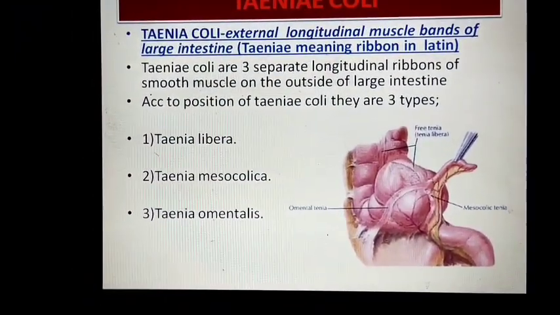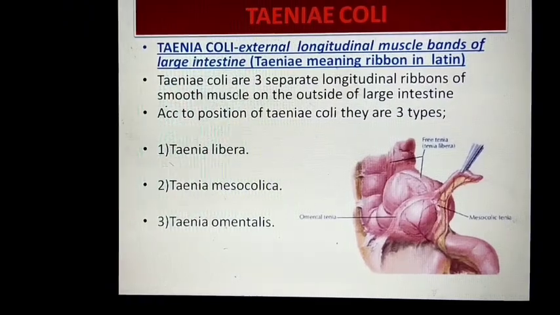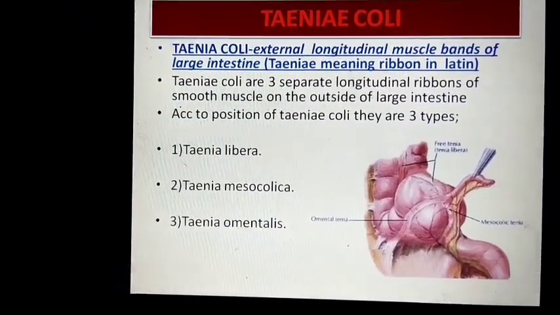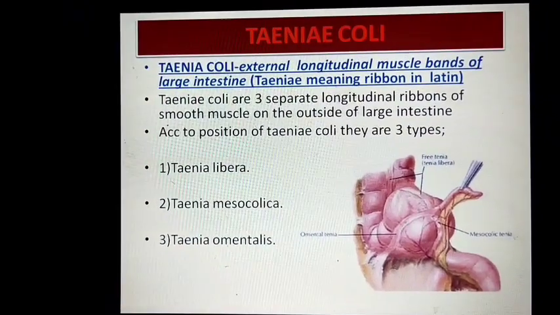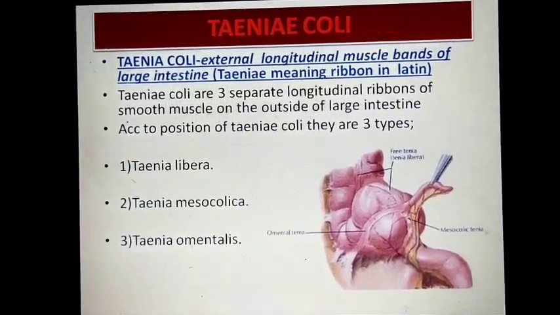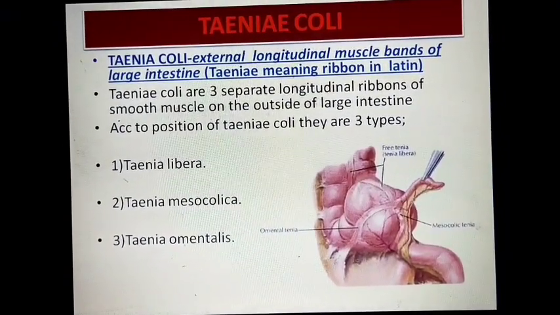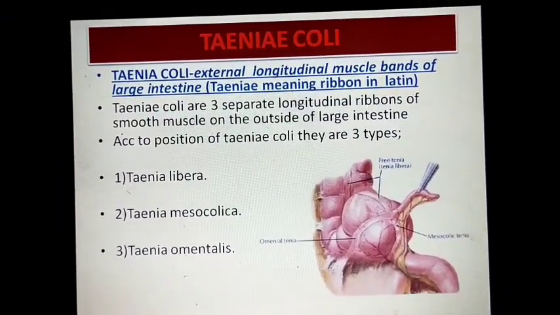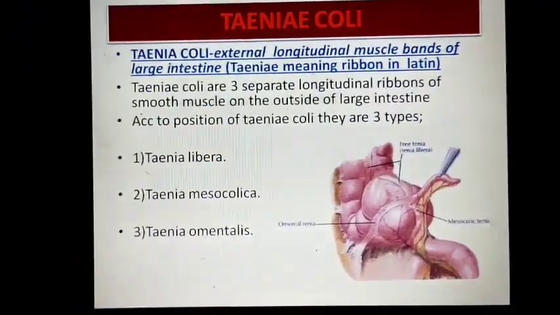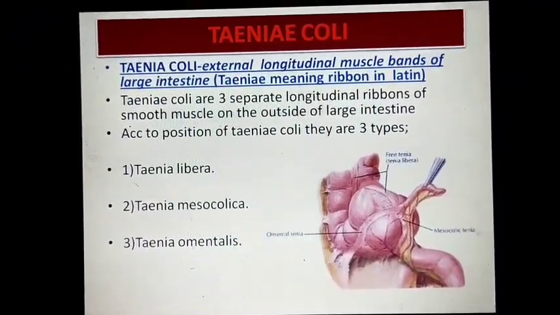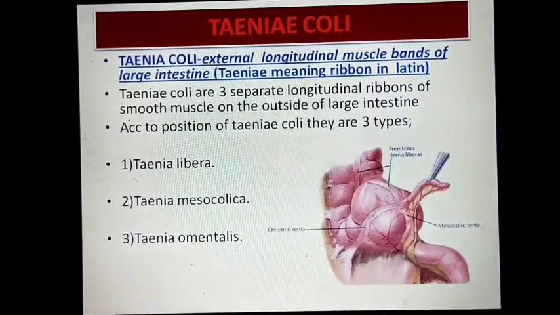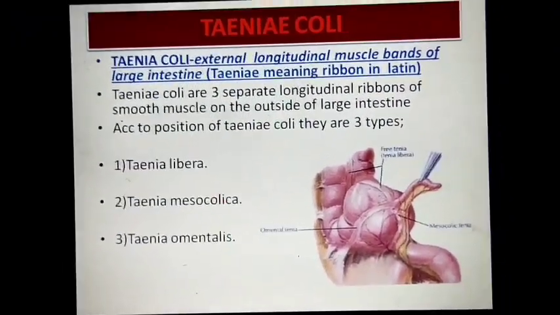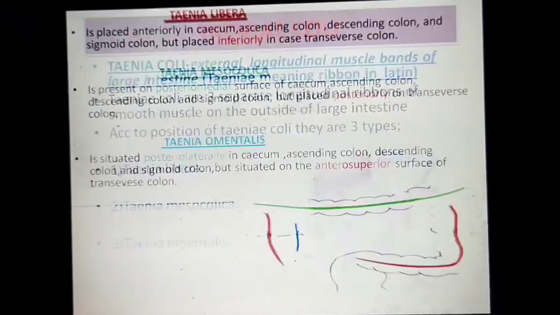One is tinea libera, which is present anteriorly, then tinea mesocolica and tinea omentalis. The position of these three types is different in different segments of the large intestine.